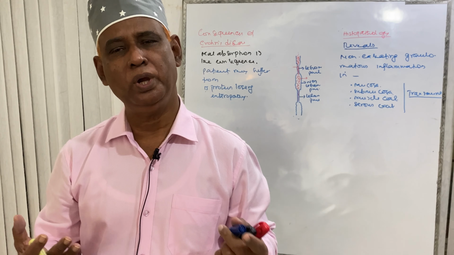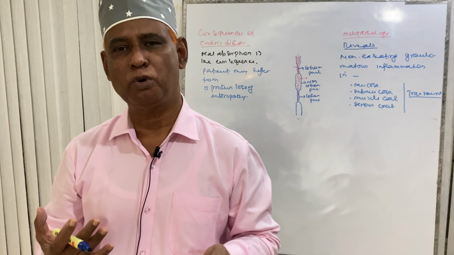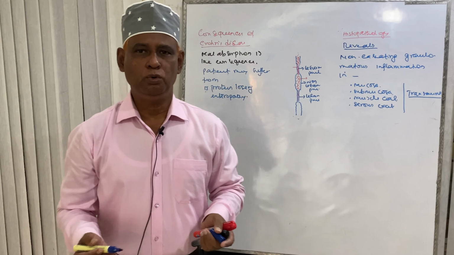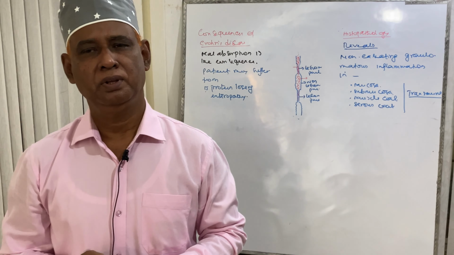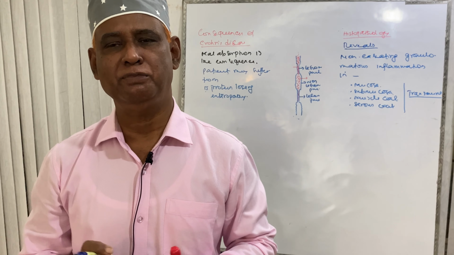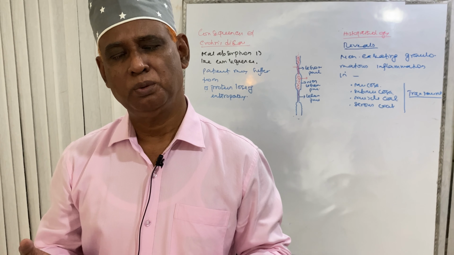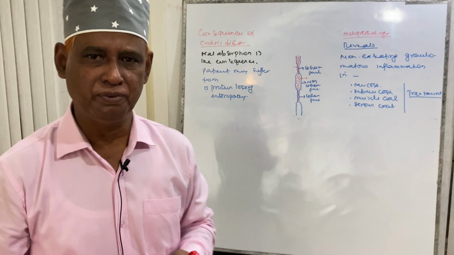There will be no proper absorption of protein, and protein will be lost in the stool. Due to mucosal ulceration, there will be no proper absorption of protein, and this is protein losing enteropathy.